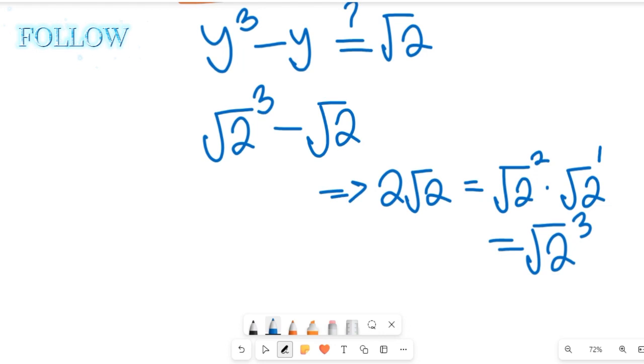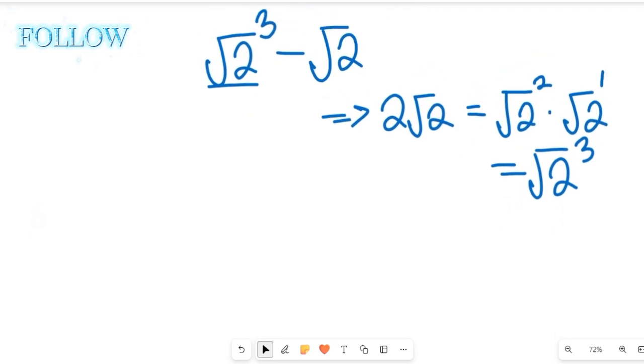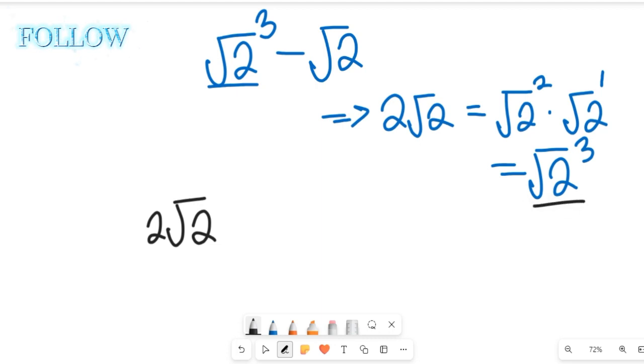Root 2 to the power of 3. So we can replace that with this. If we replace that with that expression, it will now give us root 2 root 2, which is still the same thing as this, minus root 2.